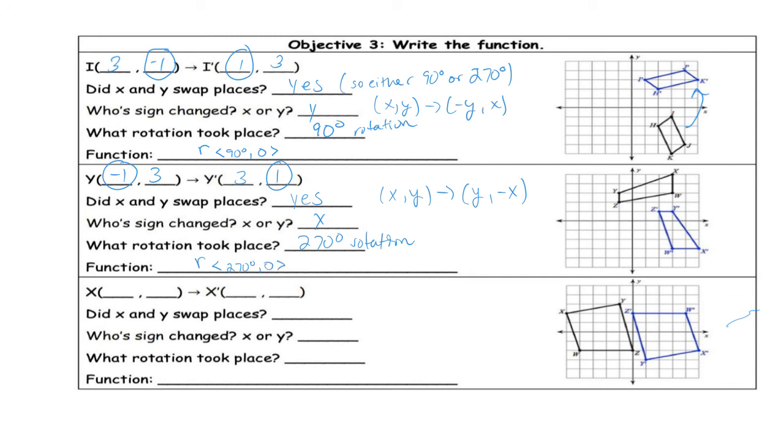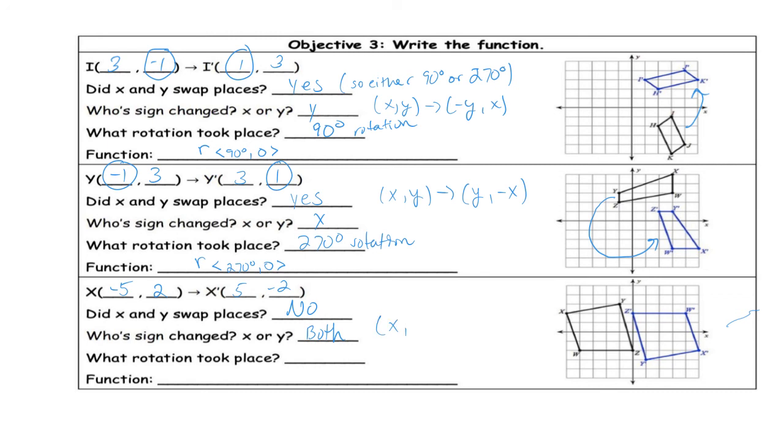Last one, X, right? In this one, you could tell as well, we ran around 3 quadrants, so most likely 270. And this one, our X is at negative 5, 2. And our X prime is at 5, negative 2. Did they swap places? No. Therefore, most likely a 180-degree rotation.